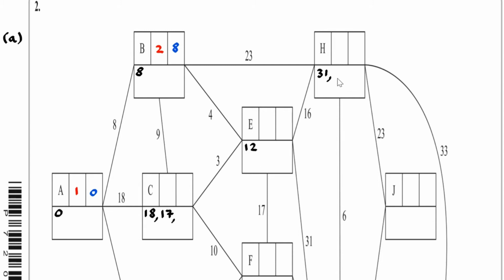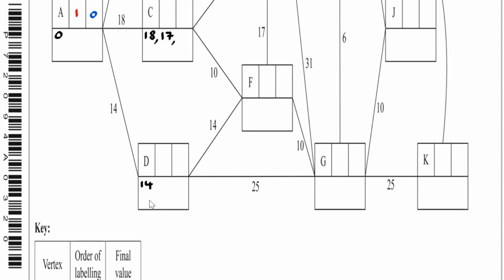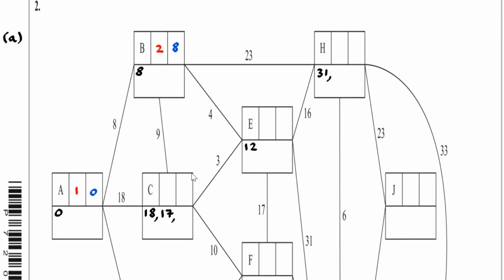The smallest from the 31, the 12, the 17 and the 14 is the 12. So the final value will be 12, and the order of labeling will be 3.